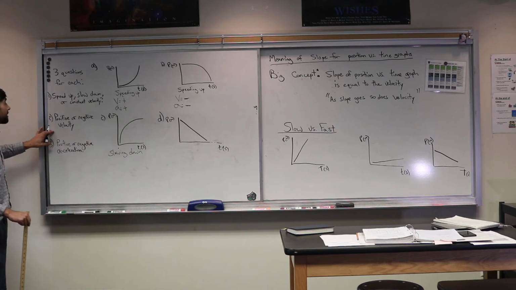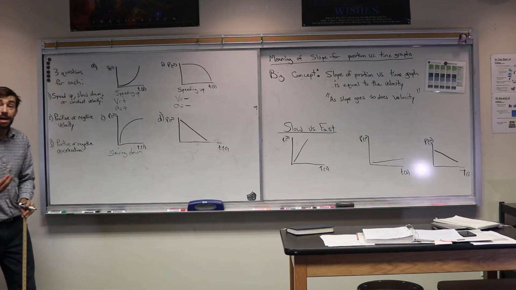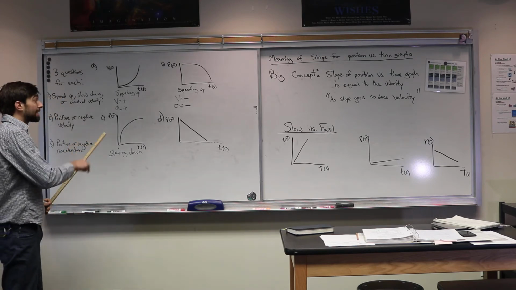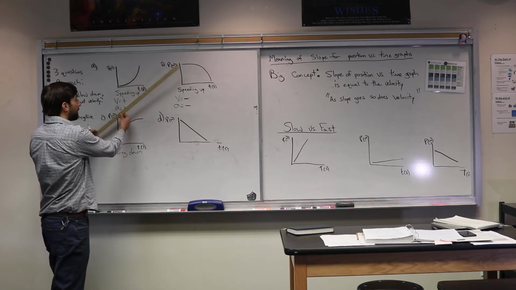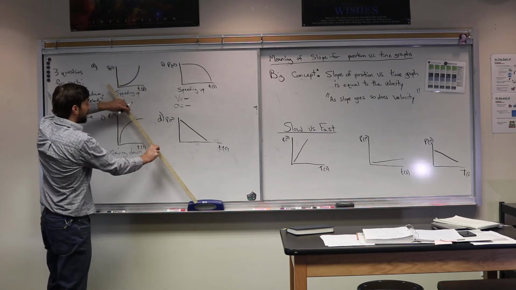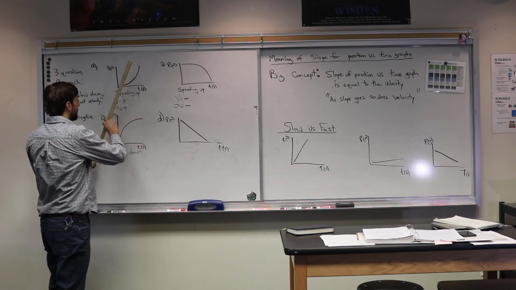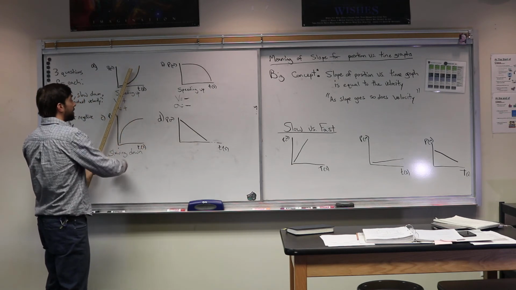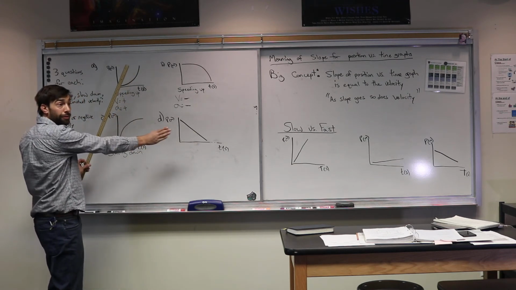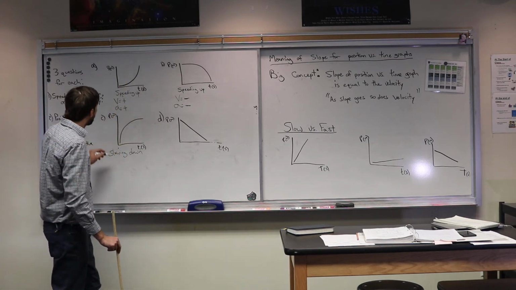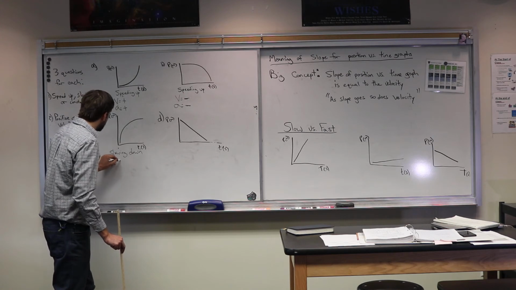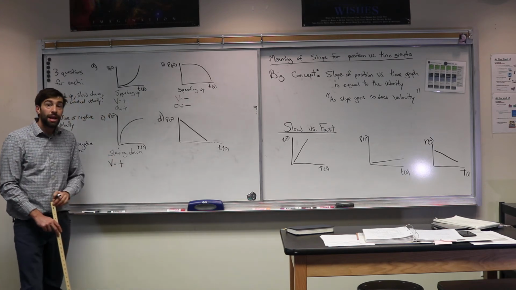Now we have to ask ourselves, are we moving in the positive or negative direction? Is our velocity positive or negative? Well, as we move from left to right, is my slope up or down? It is up, and our values are getting bigger as we move forward on the x-axis. And so our velocity is positive in this case.